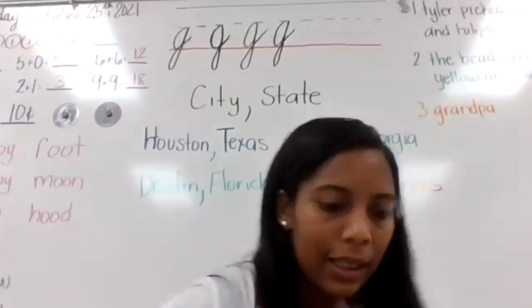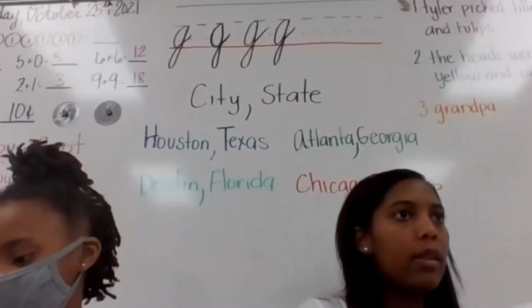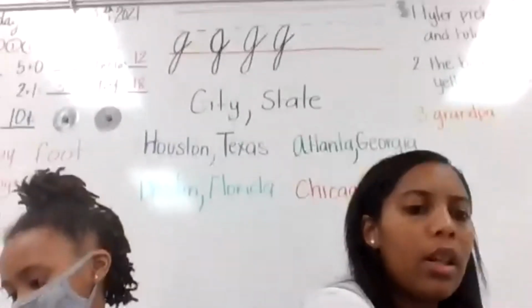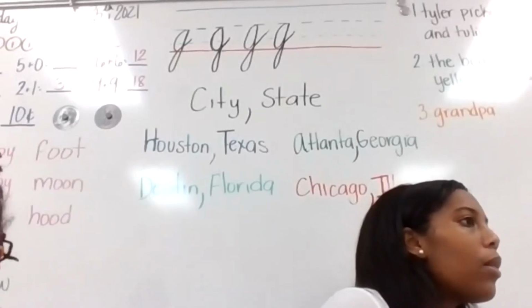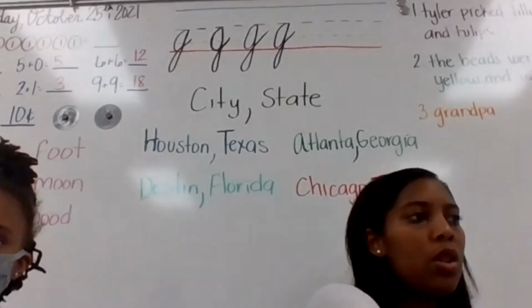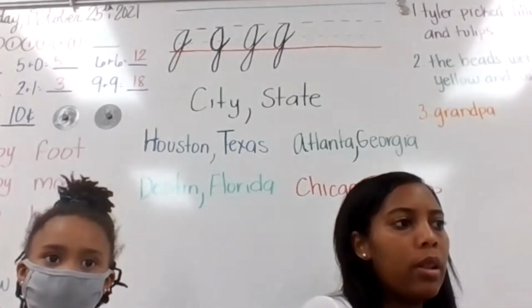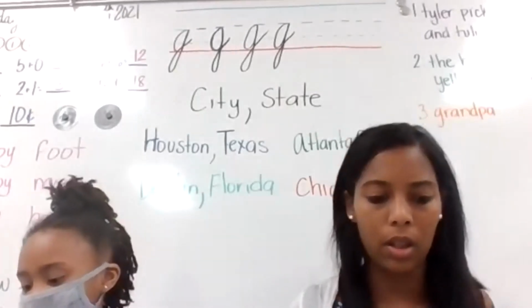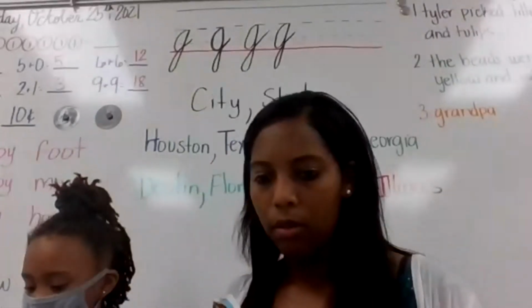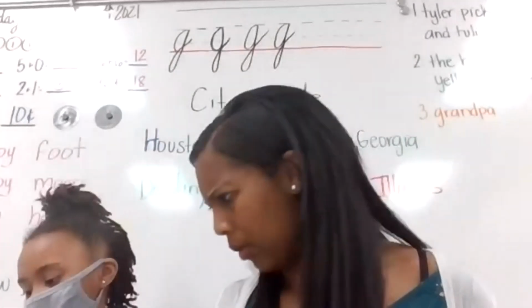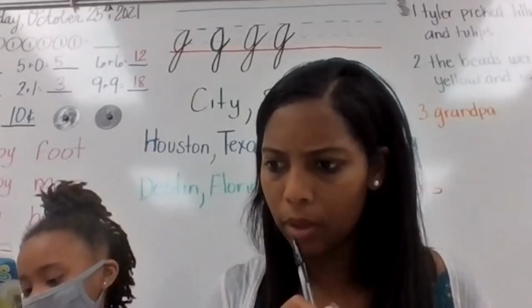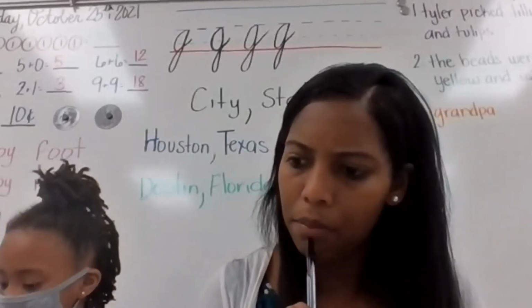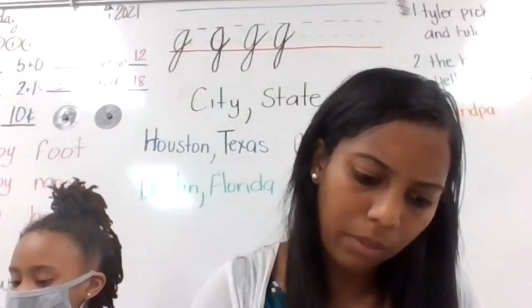John Smith is 10. He likes to skip and jump and run.